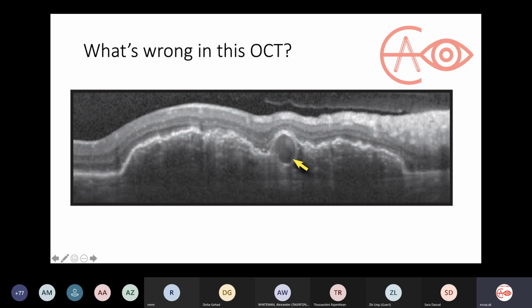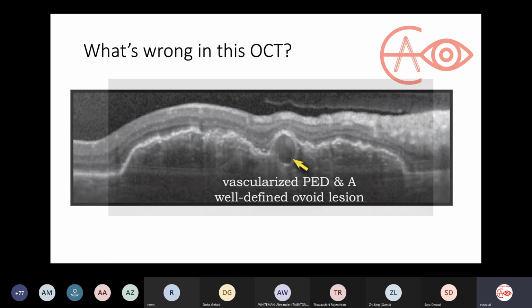It's not in the outer retina, so it's not an outer retinal tubulation, because the outer retina is over here. We're still under the RPE. So this is a tubular structure under the pigment epithelial detachment. This is a vascularized PED and most probably polypoidal choroidal vasculopathy, but you'll need more imaging to give this diagnosis. But this is how we would describe the sign. You have a vascularized pigment epithelial detachment with a well-defined ovoid lesion.